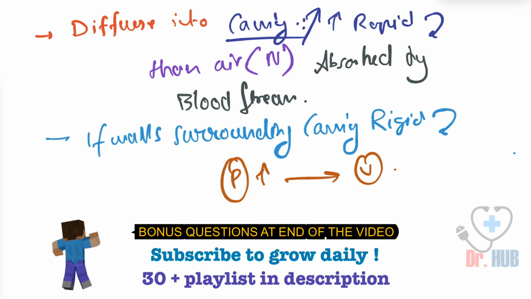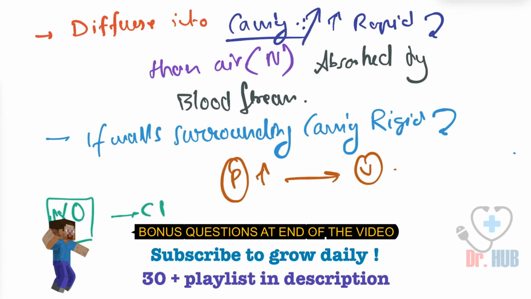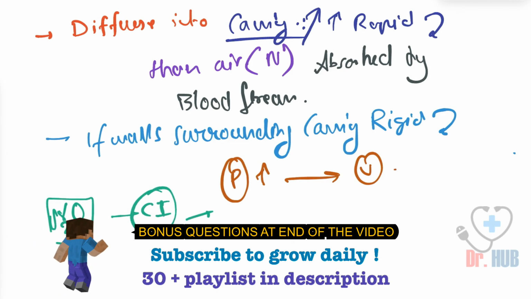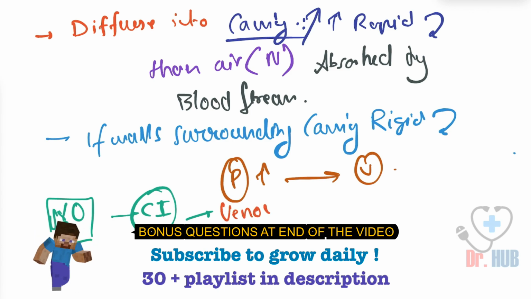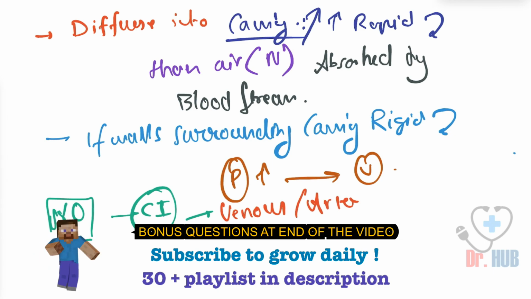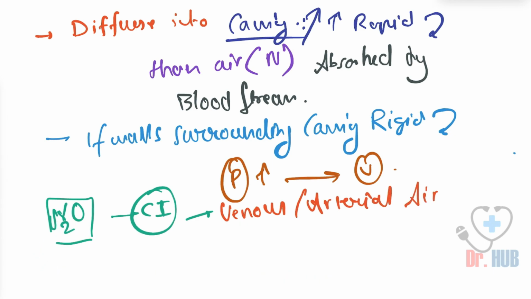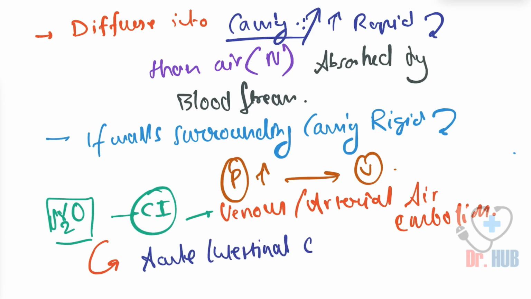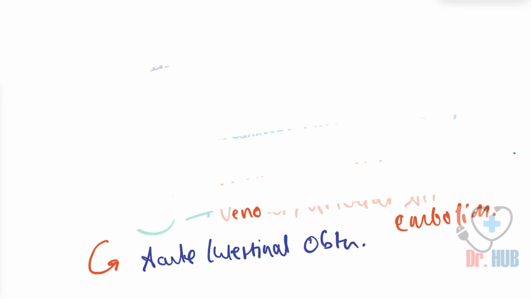Now we are looking at where nitrous oxide is contraindicated. The contraindications are venous or arterial air embolism, acute intestinal obstruction, pneumosyphilis, and pneumothorax.